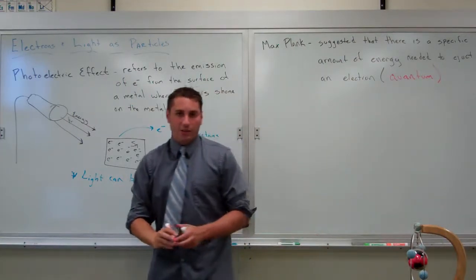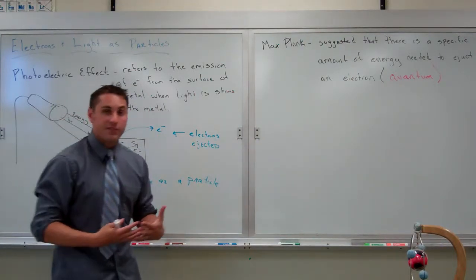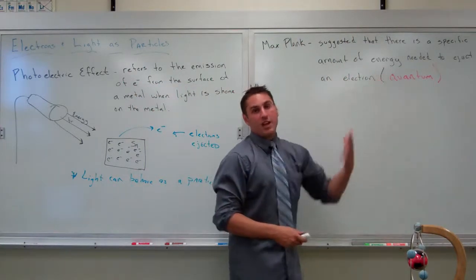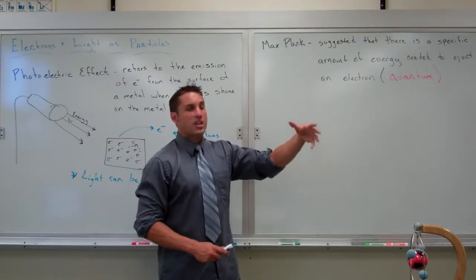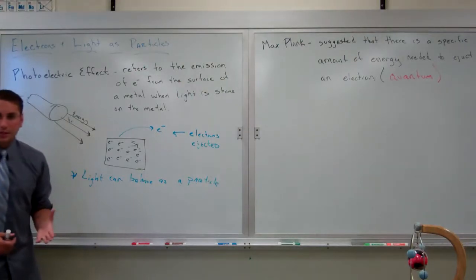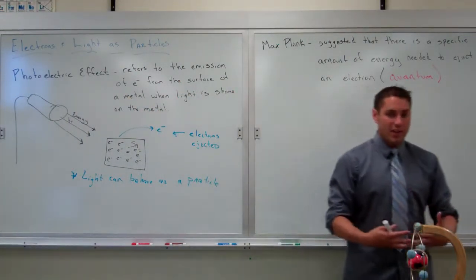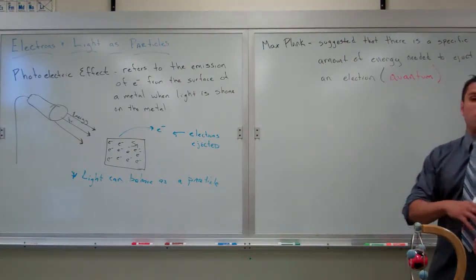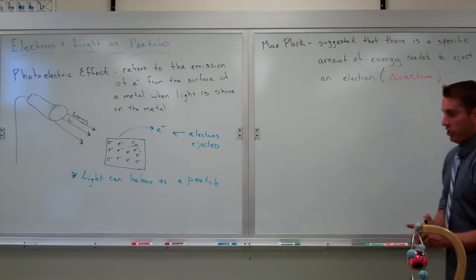So don't get caught up in the word quantum thinking that it's entirely difficult or anything like that. Quantums of things are just specific amounts of things. So a quantum of energy is a certain amount of energy needed to make this happen. Quantum mechanics relates to certain amounts of energy that make things happen. Quantum physics is a field based entirely around looking at those amounts of energies.